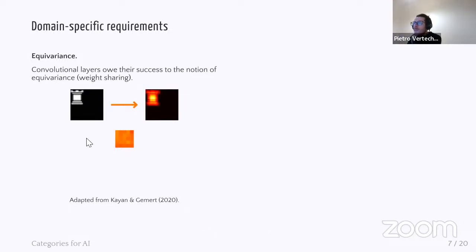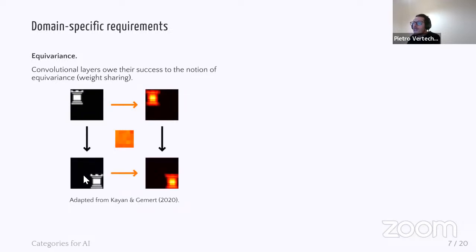For example, in this simple representation, we have an image here of a chess piece, a rook, and we convolve it with a filter, and we get this output. But we could have shifted the image and applied the convolution to the shifted input, or we could have convolved the image and shifted the output, and the result is the same. So this diagram commutes, and this is known as equivariance.